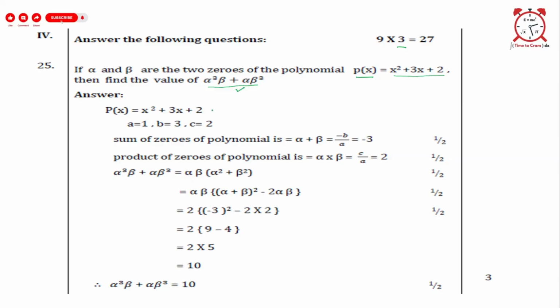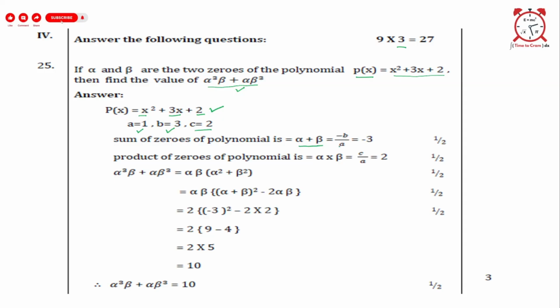So for that, first of all, we will write the polynomial p of x as x square plus 3x plus 2. We know that the coefficient of x square, a, is 1, the coefficient of x, b, is 3, and the constant term c equals 2. Now, first of all, we will find the sum of the zeros of the polynomial, alpha plus beta.